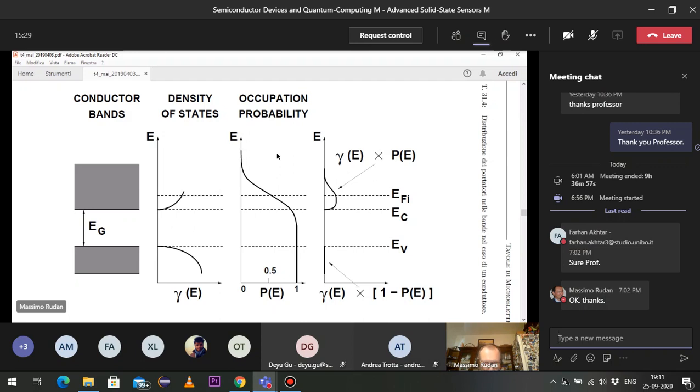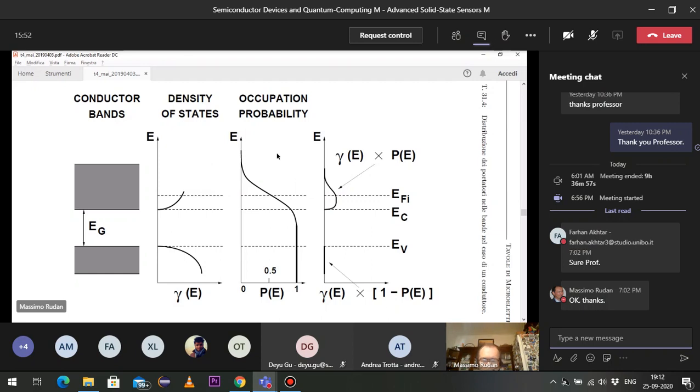In the lower part, still on the right, we have the product of gamma times 1 minus P, but in the valence band P is equal to 1. So the quantity in brackets is 0, and the product is also 0.